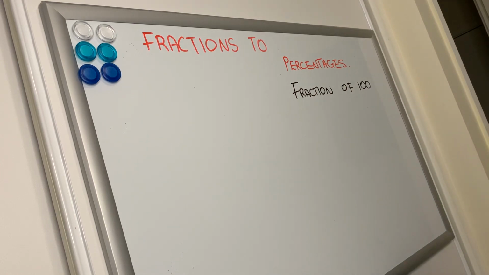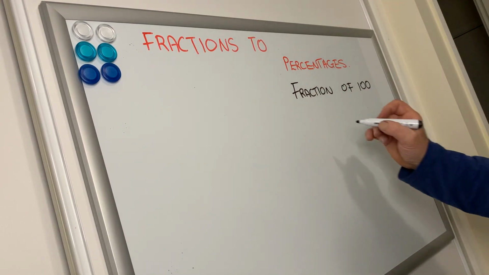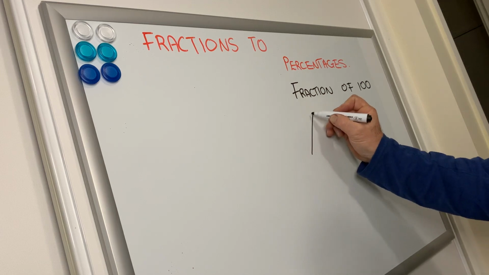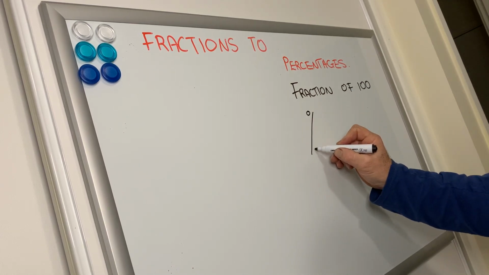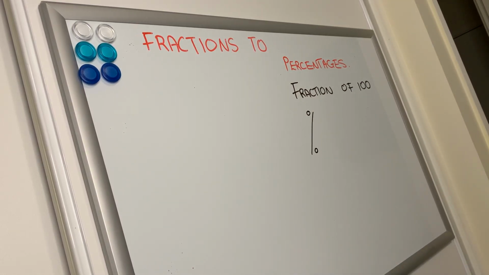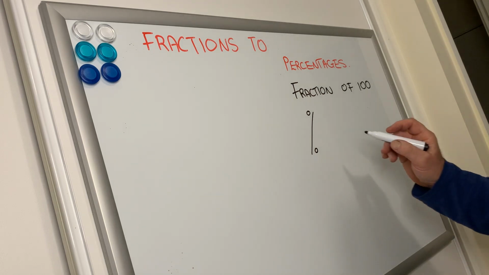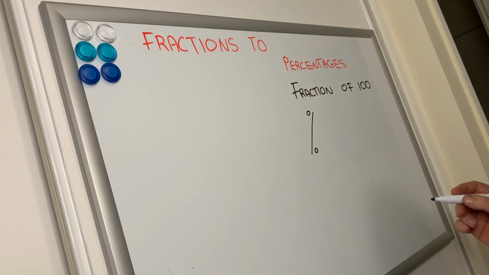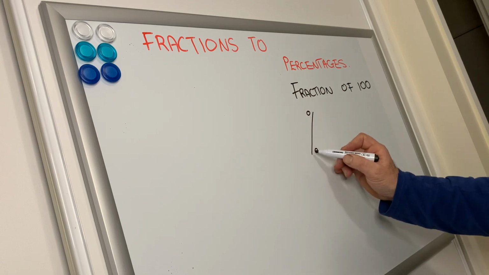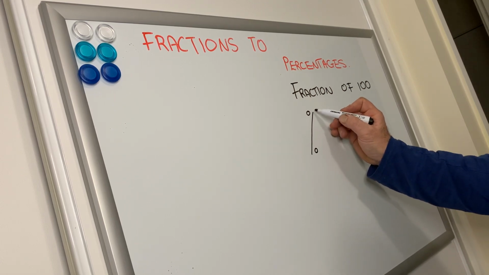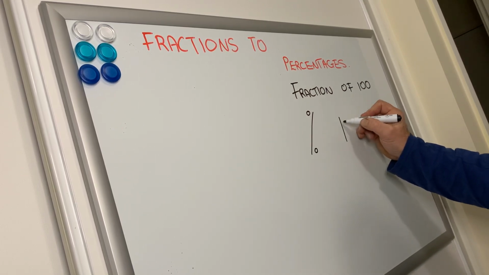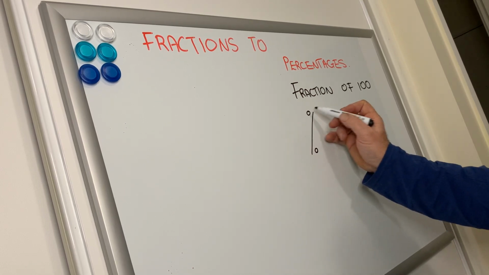When we look at the symbol for percentages, it's a sign that looks like that. The simplest way you could refer to percentages if you were ever unsure is if you're familiar with the symbol. It's made up of a one, and it's made up of two zeros.